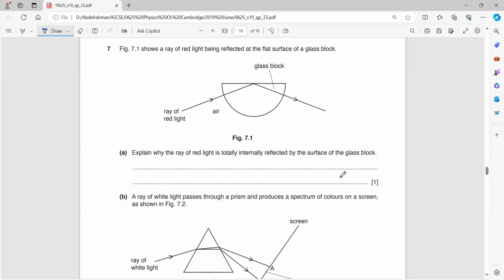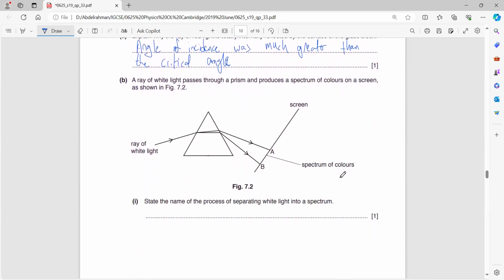We have to say that the angle of incidence was greater than the critical angle. Yes, well done. The angle of incidence was much greater than the critical angle. Good.